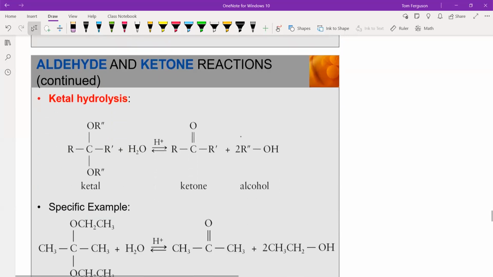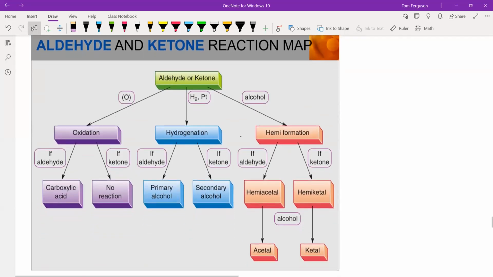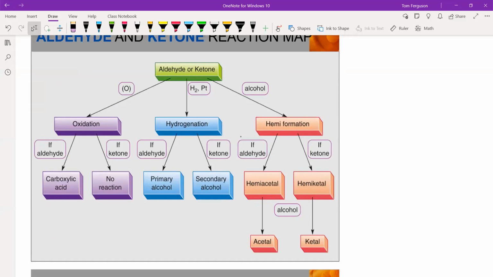And this is Unit 2. That's how I'm going to start the carb chapter, with the alcohol plus ketone or aldehyde, forming these ketals and acetals.